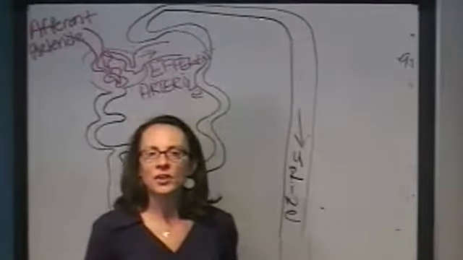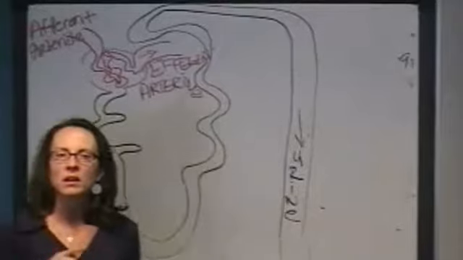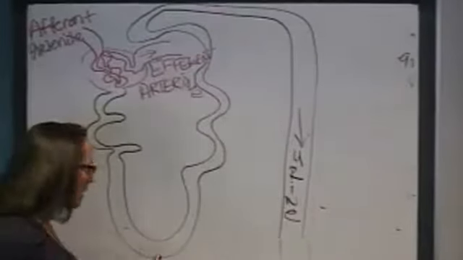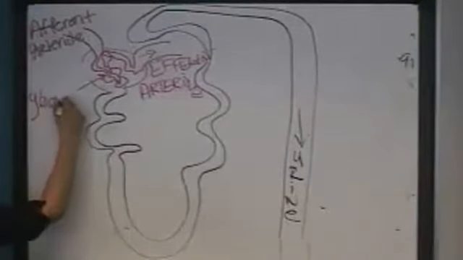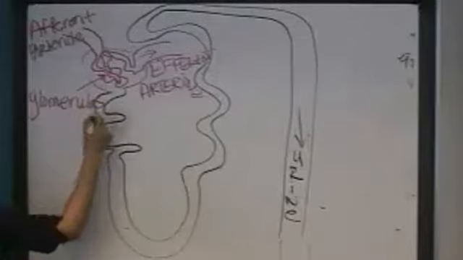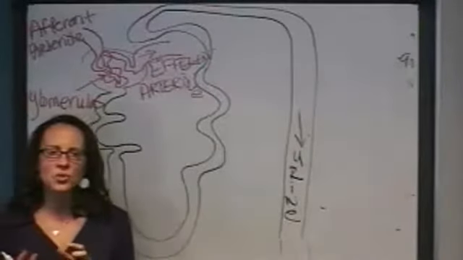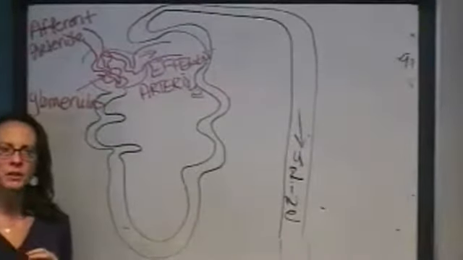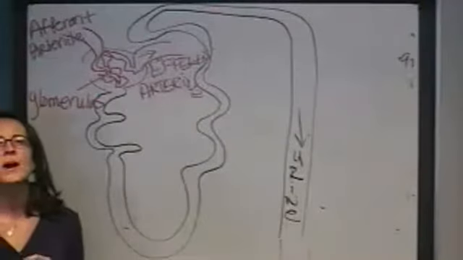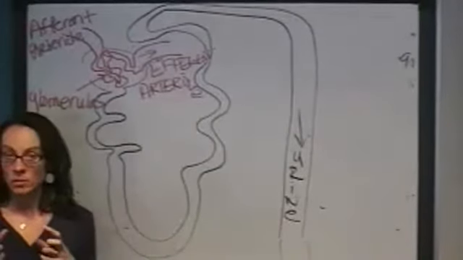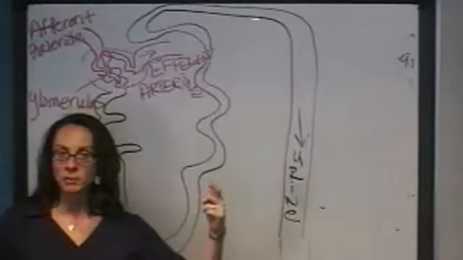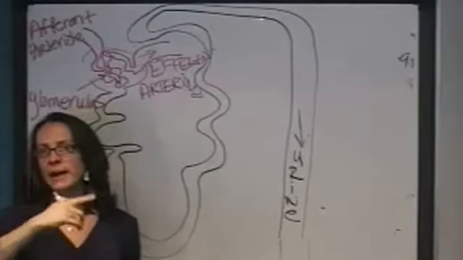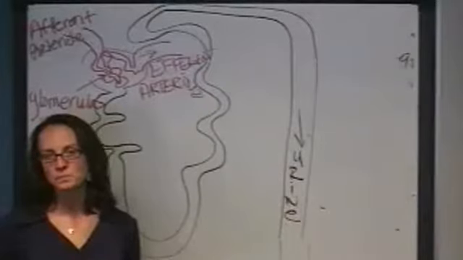So the afferent arterial brings it in. This capillary network is known as the glomerulus. The glomerulus is going to be this tubing that's in the big beach ball that connects back out to the efferent arterial.